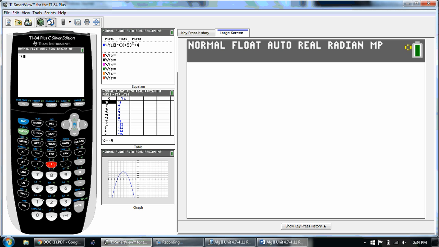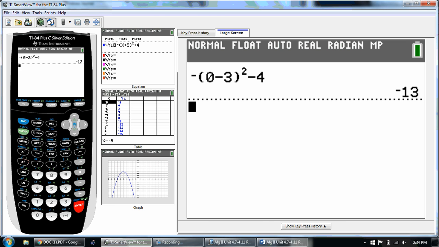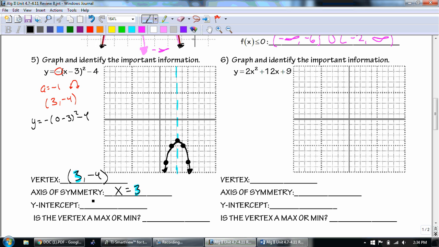So we have negative (0 minus 3) squared, and the rest of it was minus 4. Okay, and we get negative 13. So 0, negative 13. And is this a max or a min? Well, right here I can see the highest point, so this is a max.